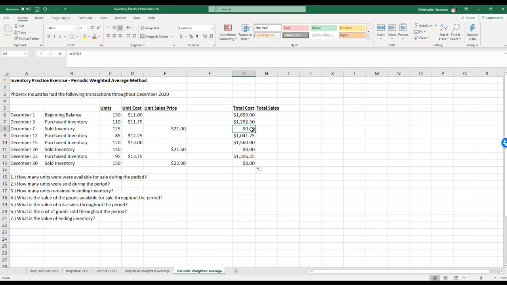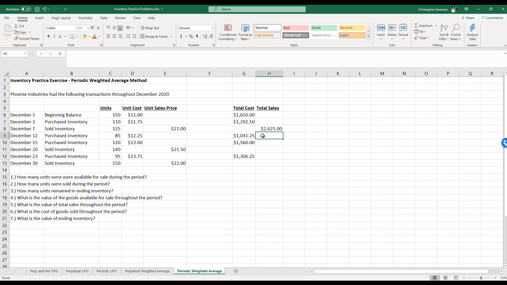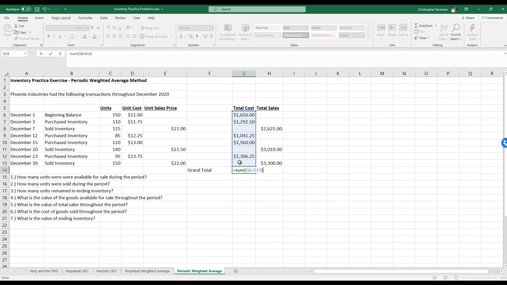Of course, some of these rows were not cost rows, they were sales. So we have to multiply the units by the sales price for those. And just kind of cleaning things up there. It's always nice to have a grand total column or line, just so you know what the total amount is for your costs and for your sales.